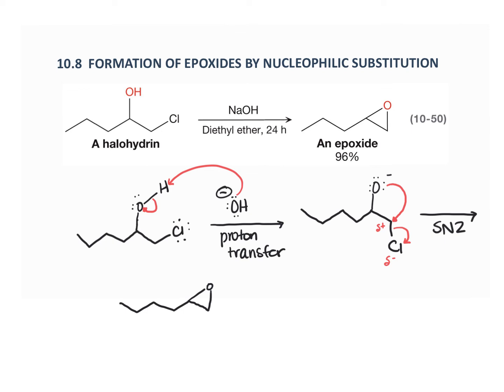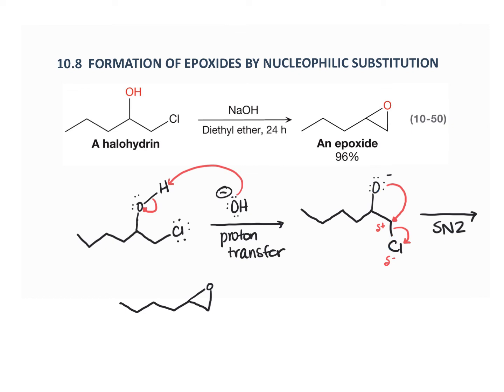Now in a previous section, previously in chapter 9, we learned that intramolecular cyclization reactions are favored when 5 and 6 membered rings are formed. So maybe you're like, why does this reaction form a strained 3-membered ring then? Well, it has to do with the location of the nucleophilic oxygen relative to the leaving group.